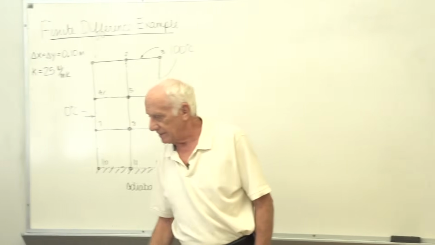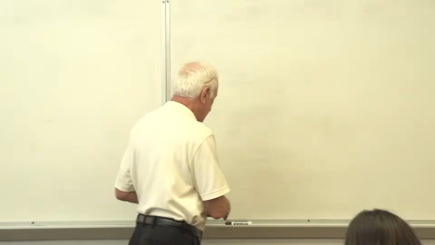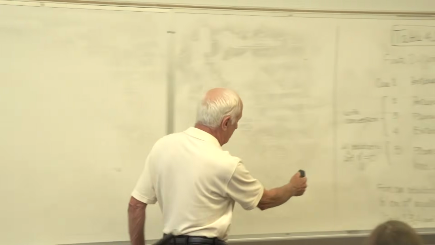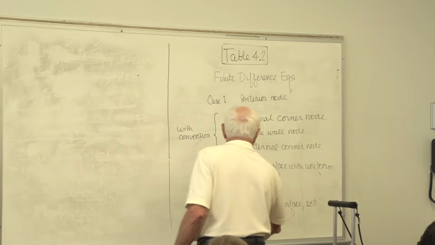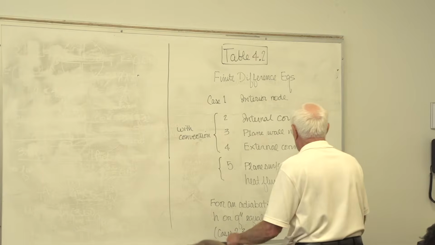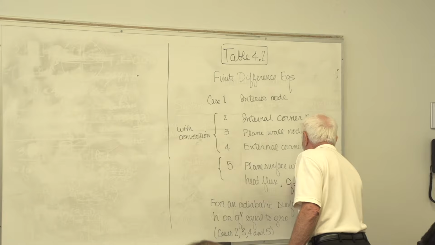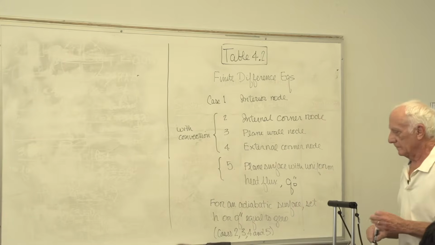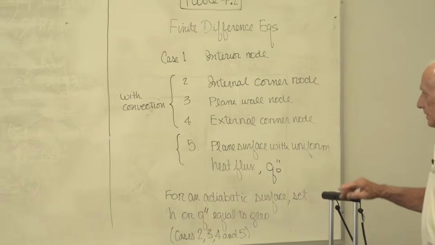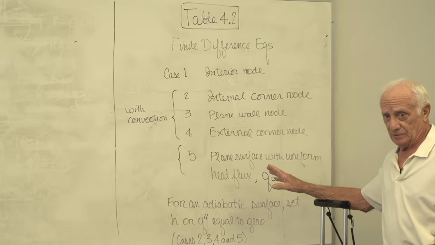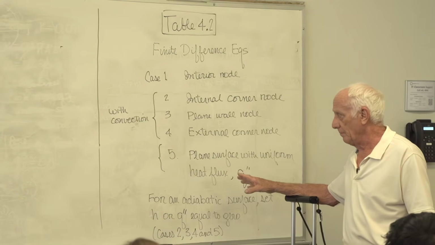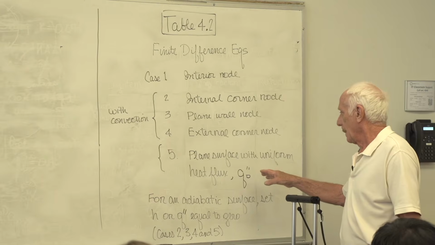Our last case there, case 5, is a plane wall with a uniform heat flux, q naught double prime. So you've got 5 possible equations to use to set a problem up with finite differences.